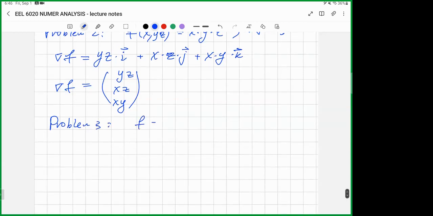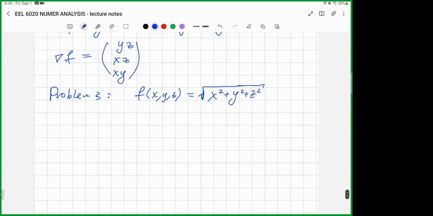Let's take something a little bit more complex. The function of x, y, and z equals the square root of x squared plus y squared plus z squared. A practically useful problem. Again, find the gradient of this field.